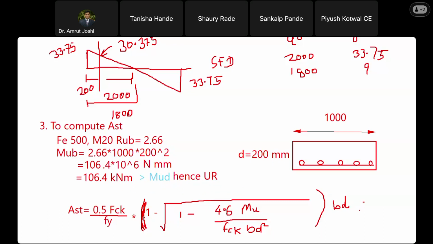So let me write down the values. FCK is 20 MPa. Fy is 500 MPa.